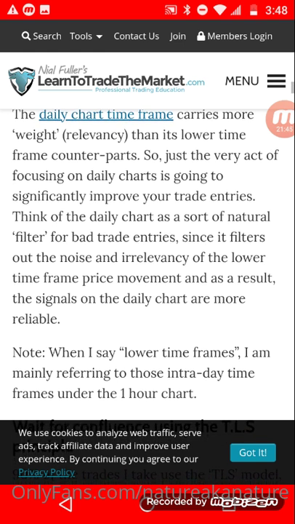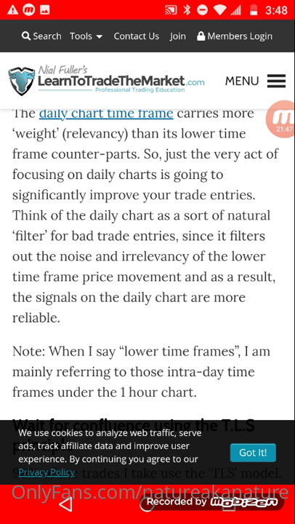It filters out all the noise and the irrelevance of lower time frame price momentum.